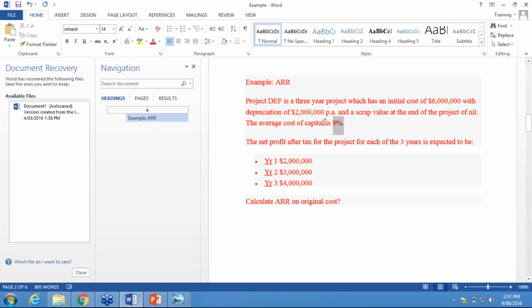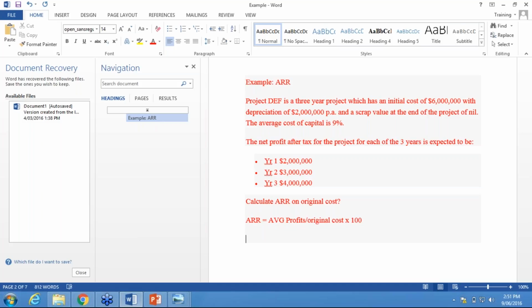Look here, average cost of capital is given. Anyway, we need not use this term now, because if you remember, our formula is for ARR. We need to calculate average profits first. Average profit divided by original cost, because the question is asking for it on original cost, multiplied by 100.